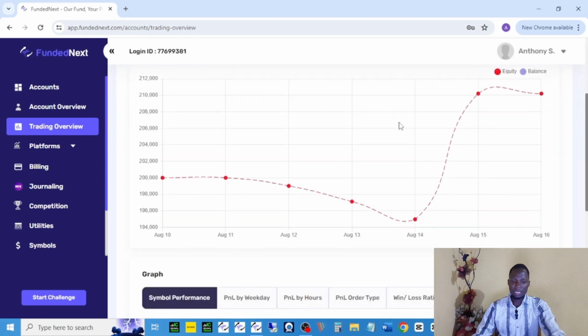So let's check the analysis. As you can see, this is where I started trading on the account, $2,000. It moved down. As soon as I started trading, I entered a drawdown, but a minimal drawdown. I was able to manage it and recover as soon as possible.